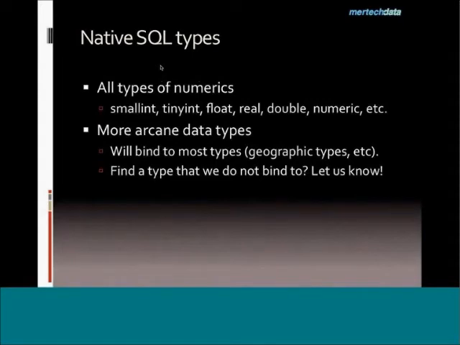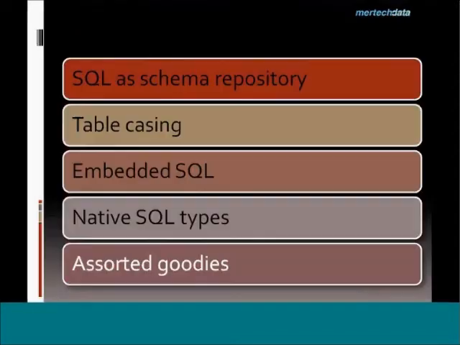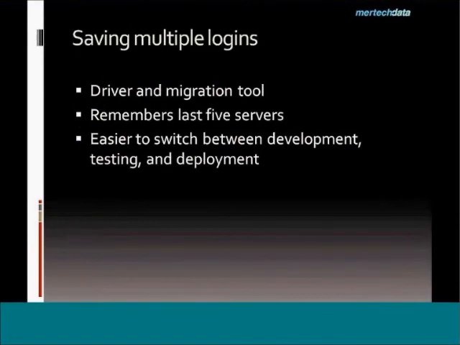So we come to the last chapter, which are the assorted goodies that we had. One new feature, which is big, but it's one of my favorites actually. We now allow you to save multiple logins in the driver and the migration tool. Basically, it means that when you go into the login dialog, it will remember the last 5 servers that you've connected to.